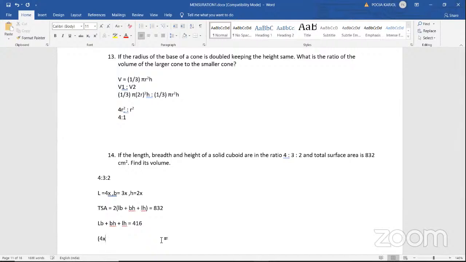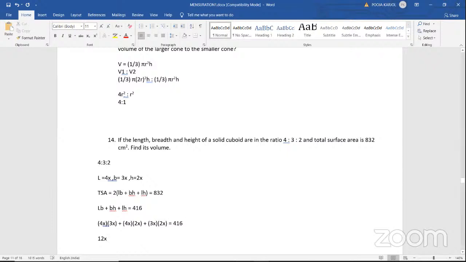Now what is L? 4x into B, which is 3x, plus 4x into 2x plus 3x into 2x. Am I right? Yeah, this is equal to 416. This is 12x square plus 8x square plus 6x square.